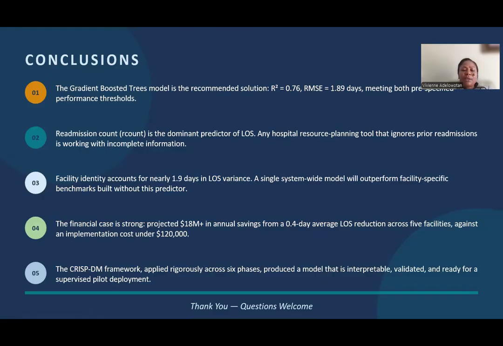GBT at R squared of 0.76 and RMSE of 1.89 days is production ready, financially justifiable, and grounded in published literature. So the next step is a 60-day pilot at Facility A.